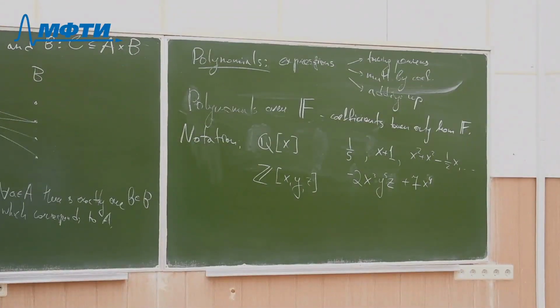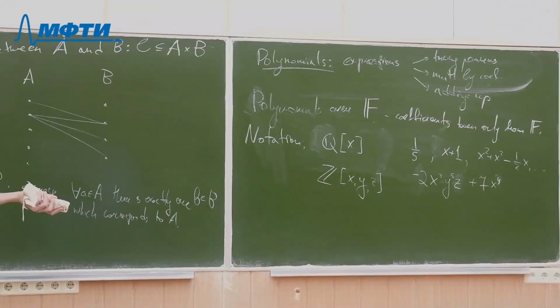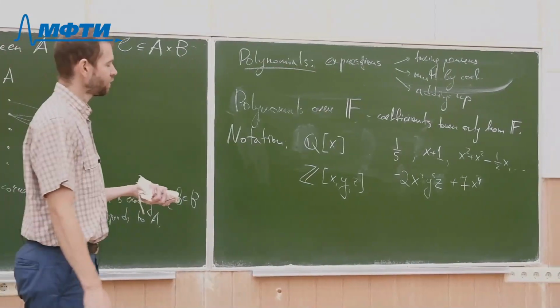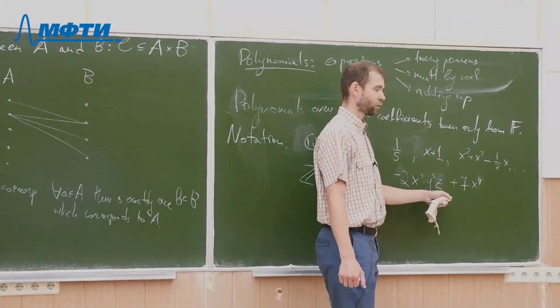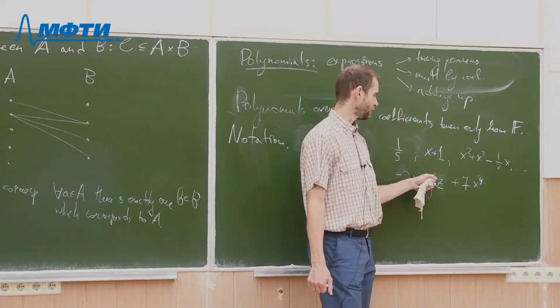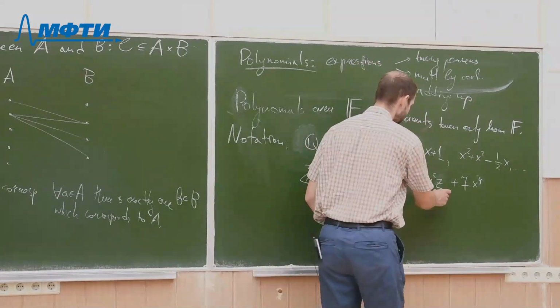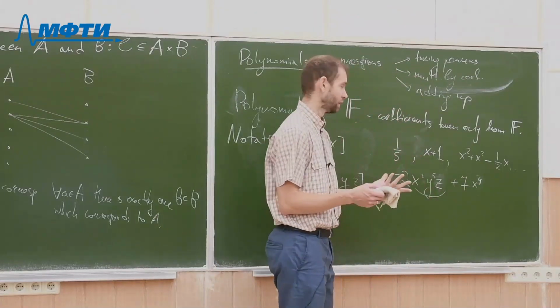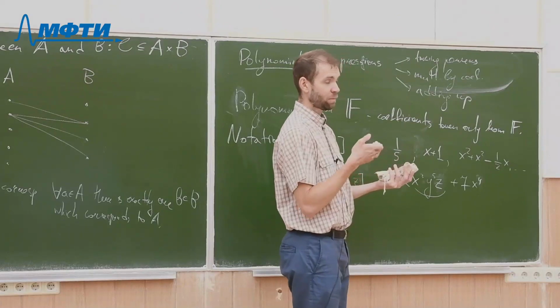I'm sorry. Yep. The total degree of the polynomial won't be 5, just 1. The total degree of the polynomial will be 9, because for every monomial, the total degree of the monomial is the sum of all the individual powers that we have. So if you write down these powers explicitly, what's a power?